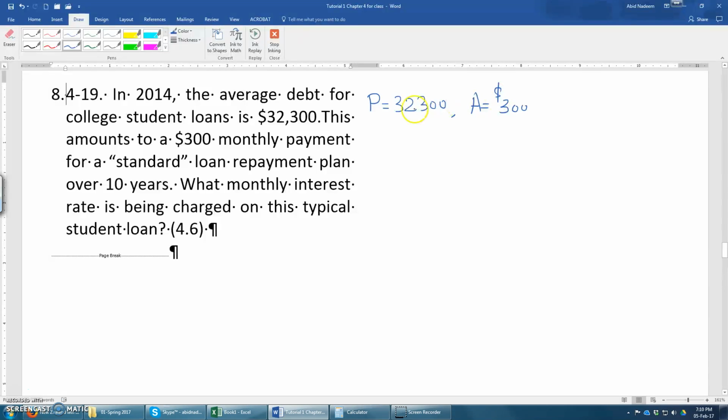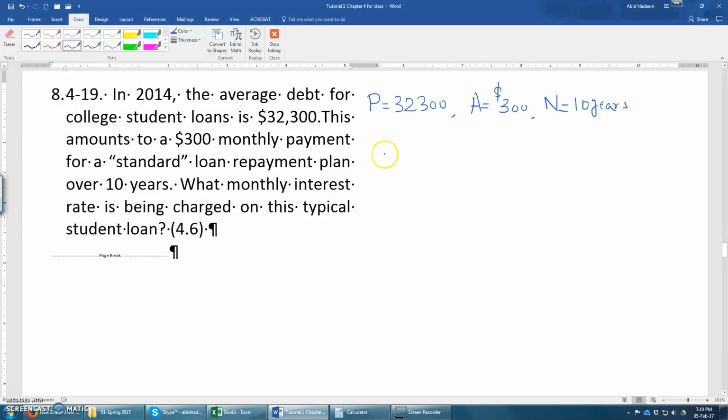So you take a loan of $32,300, you return $300 each month, and then you completely repay the loan in 10 years.